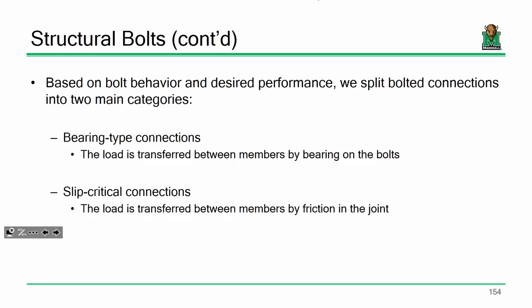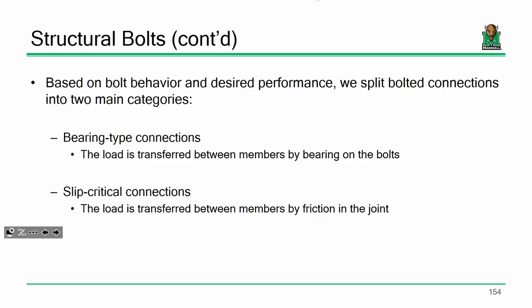What's snug tight to you versus snug tight to you or you. And it's loose because we're not worried about developing a certain amount of friction. But for slip critical connection, we really are trying to achieve a certain amount of friction. So this is when you're using a glorified torque wrench to get a specific set torque in that bolt and ultimately develop a predictable amount of friction.